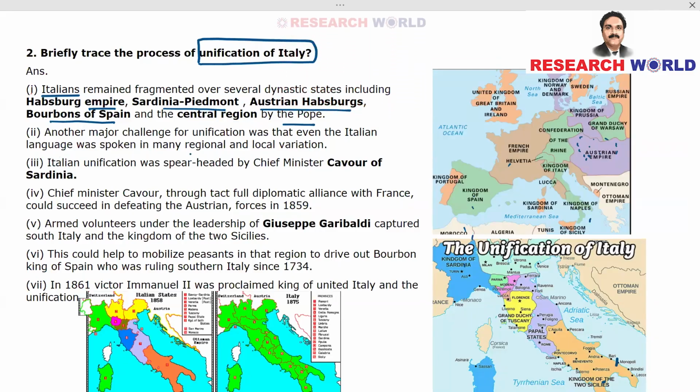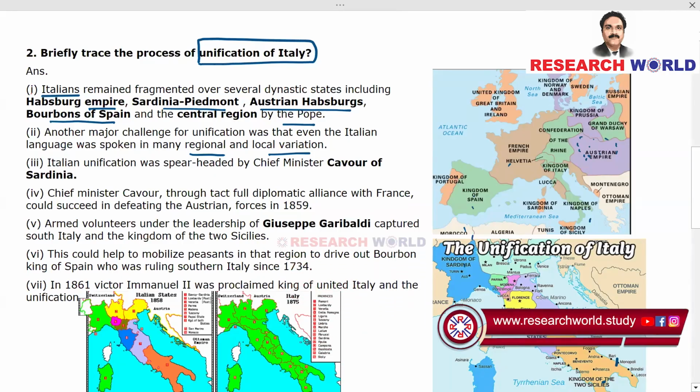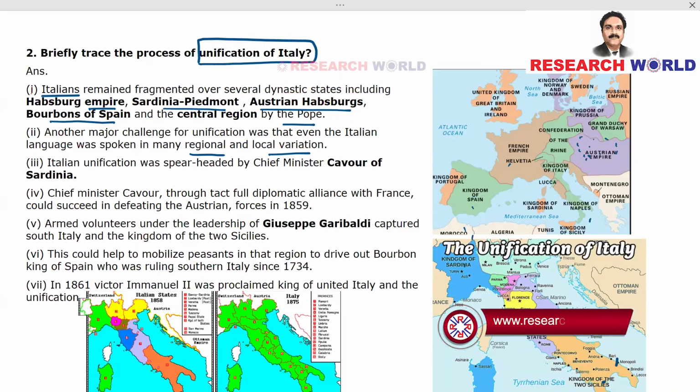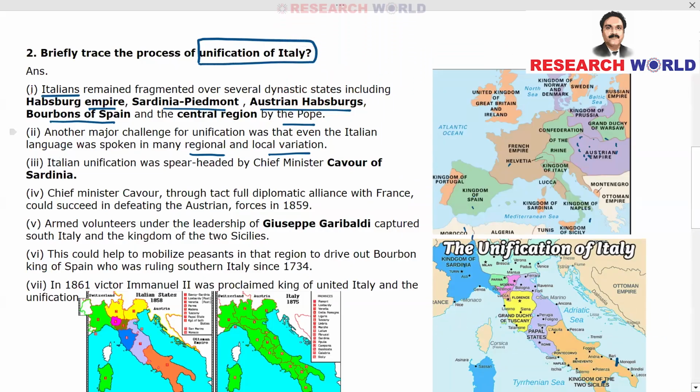They sounded quite different. So there is as such no sentiment coming out of the language, because in many places the language even sounded different. Due to regional and local variation, that was the meaning of this statement.